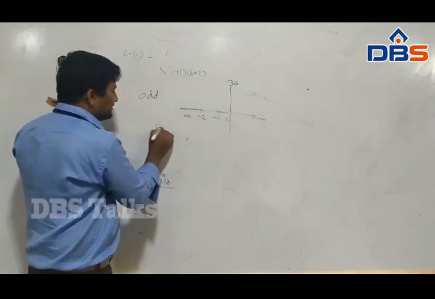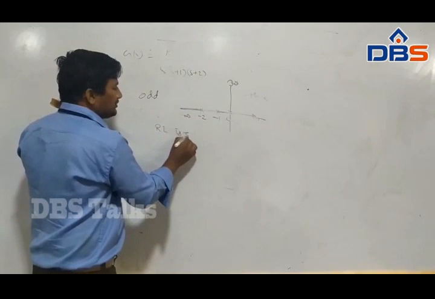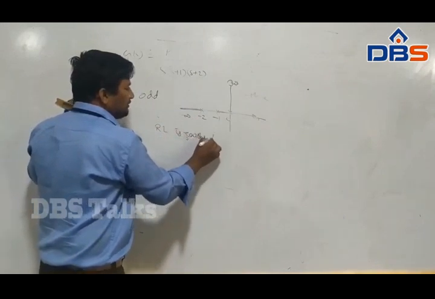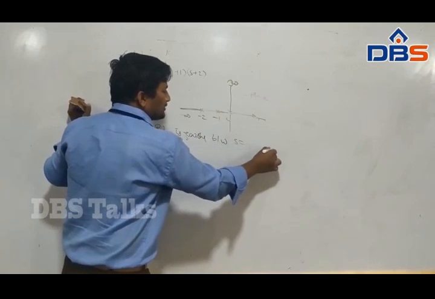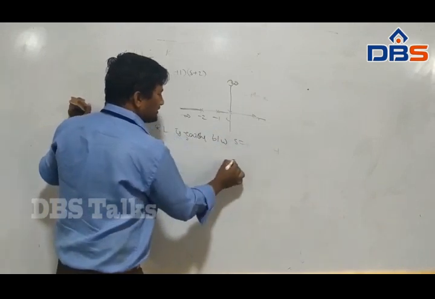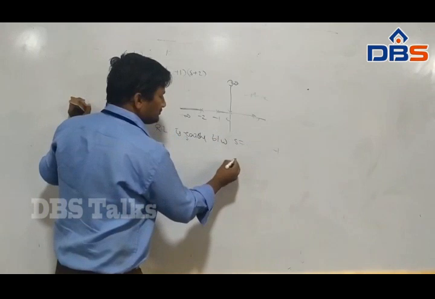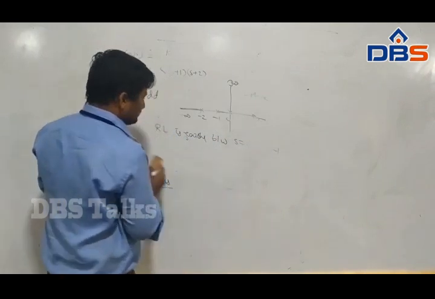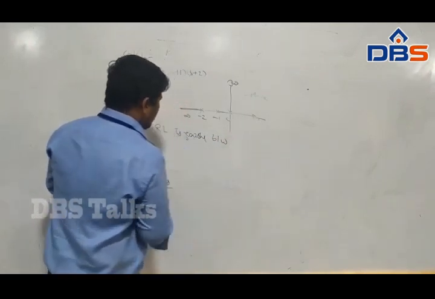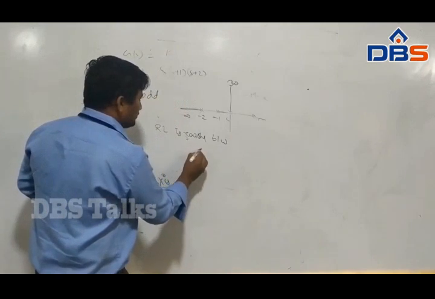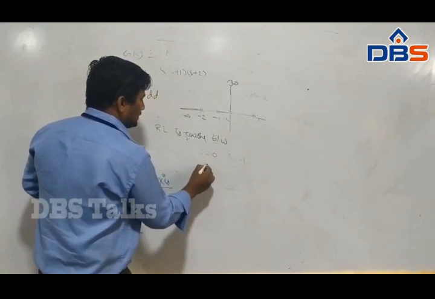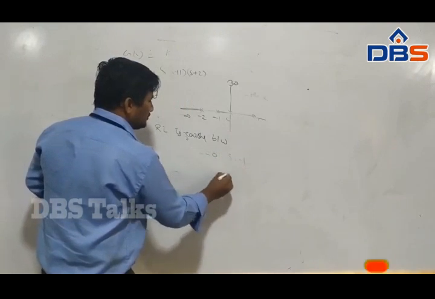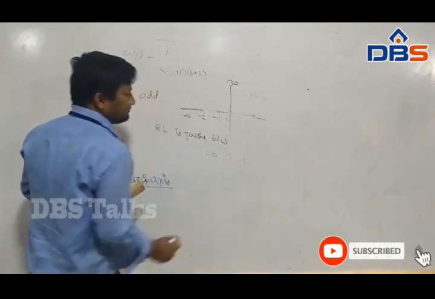Now the root locus branch is existing between s equal to 0 and s equal to minus 1, and also between s equal to minus 2 and s equal to minus infinity.